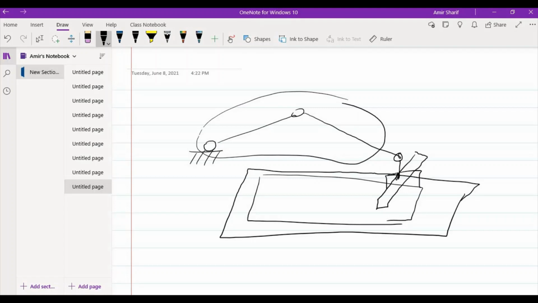Your task is to draw something, and this is your pencil here.